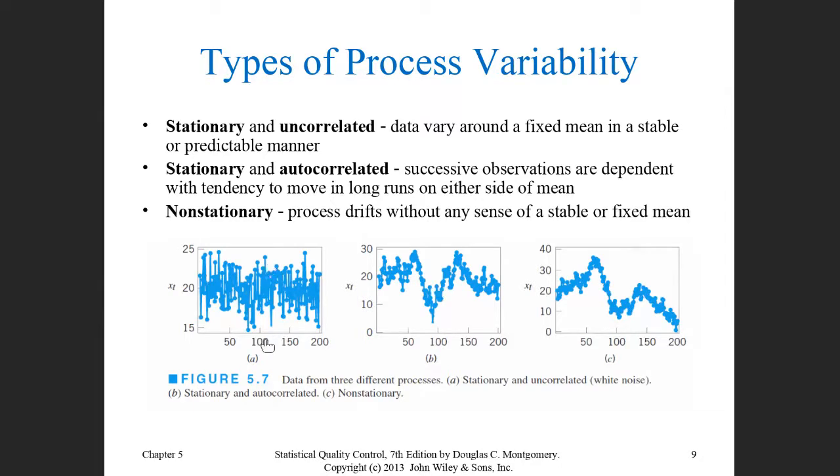The stationary, like here, figures A and B, is considered to be the stationary type of process variability. This is the non-stationary. What does stationary mean? It is something coming from the word station.